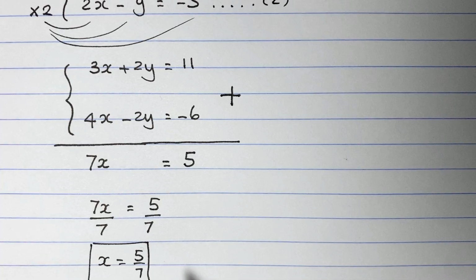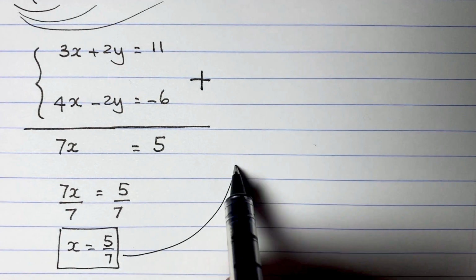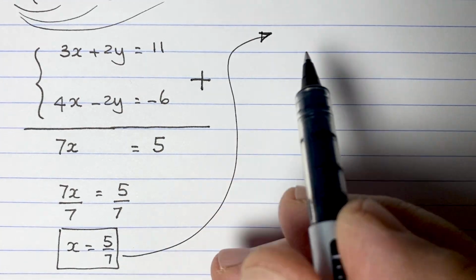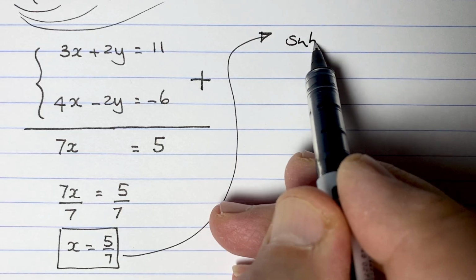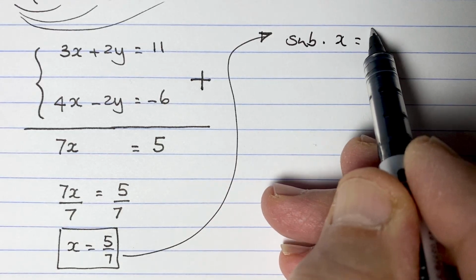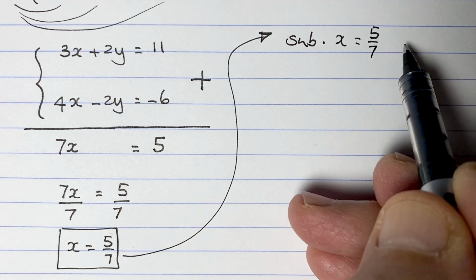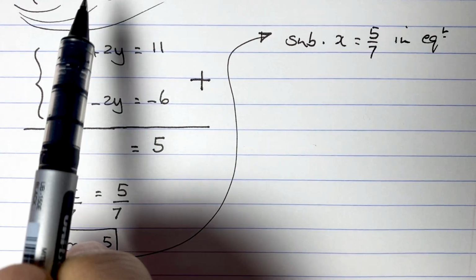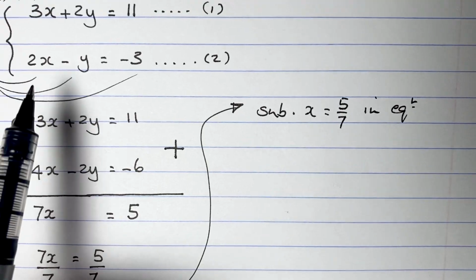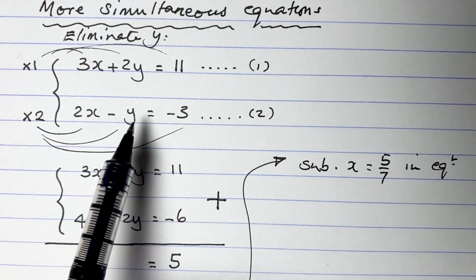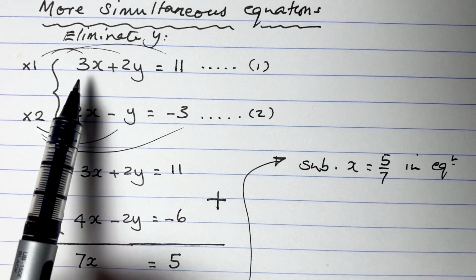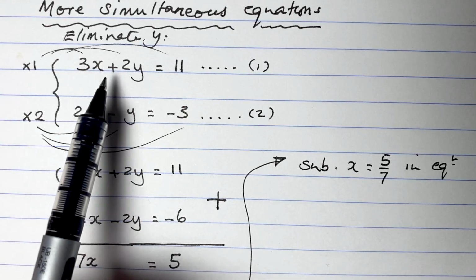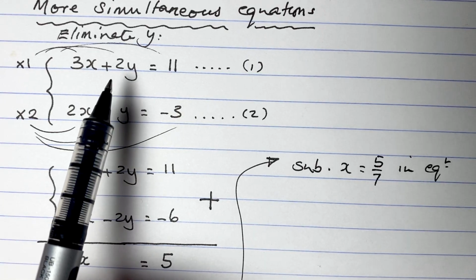The same as a previous example, we are going to substitute x equals 5/7 in one of the equations of your choice. If you are not happy to use the equation with the negative value in it, you can use that one, although the coefficients are heavier.